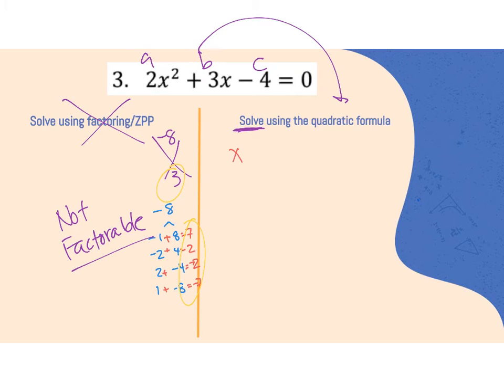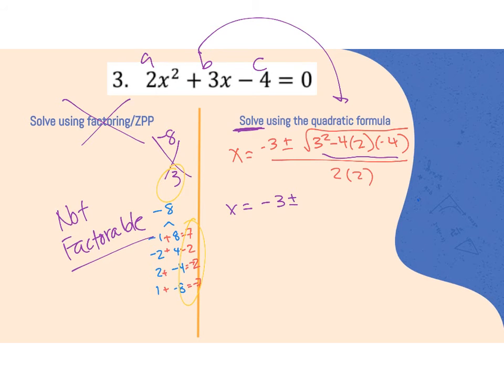So I've got x equaling the opposite of b, that's negative 3, plus or minus the square root of, that's 3 squared minus 4 times 2 times negative 4, all divided by 2 times 2. Start under the radical. I have x equals negative 3 plus or minus the square root of 9. And then negative 4 times negative 4 is positive 16 times 2 is 32.